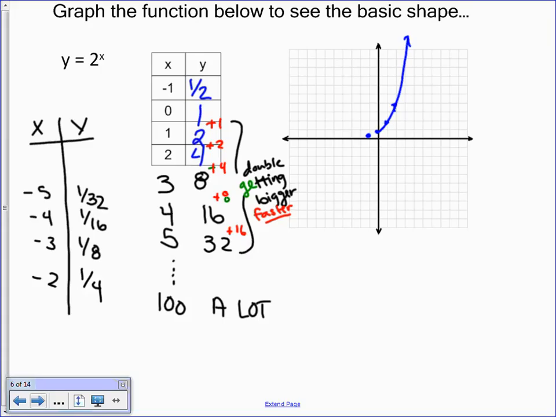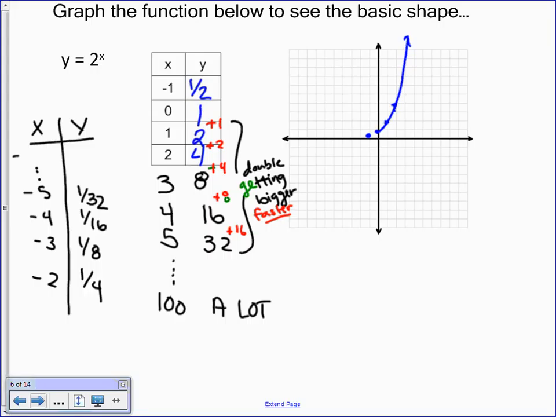What's happening as we go further and further left? What would you describe about these numbers? 1/4, 1/8, 1/16, 1/32. They're getting smaller. And to put another qualifier on there, they're getting smaller slower as we go to the left. The amount that we go down is less and less each time. It gets smaller and smaller.